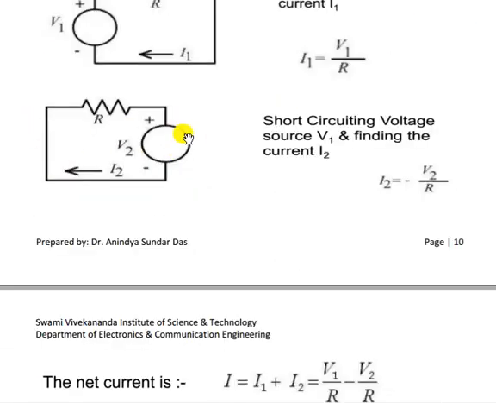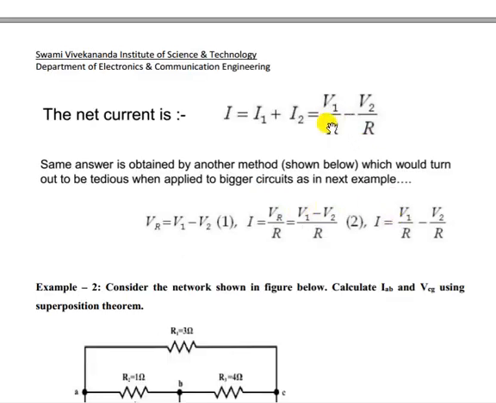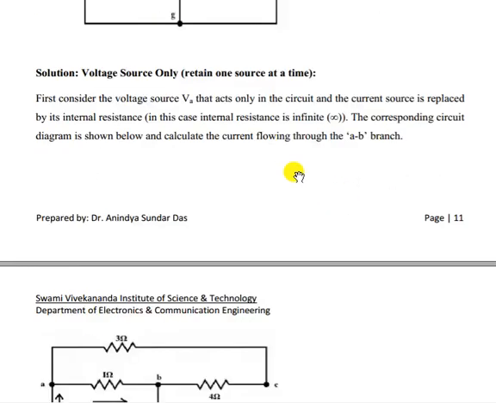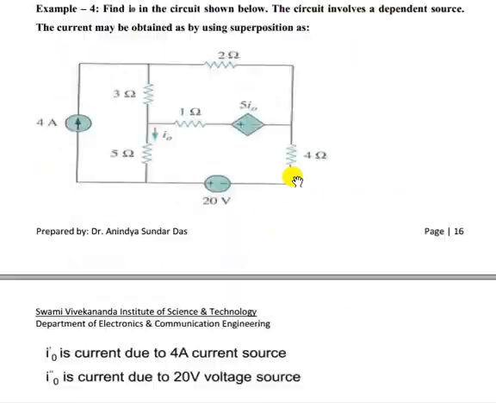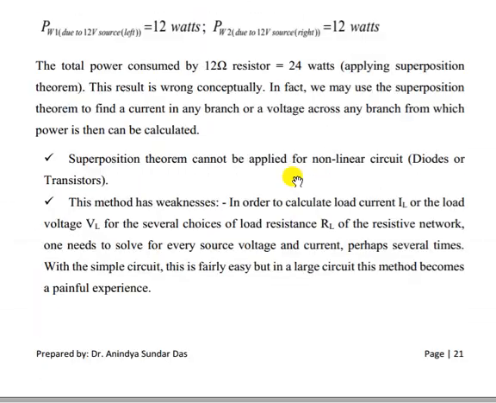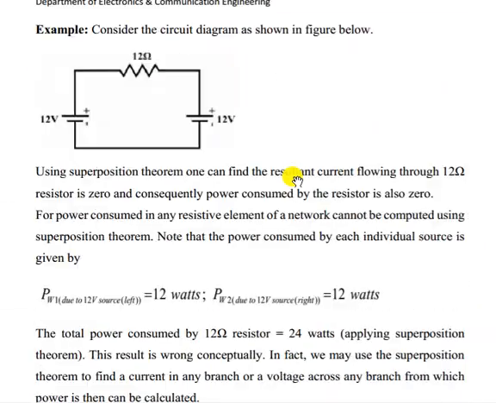V1, V2, R. So current is V1 by R minus V2 by R. So we get V1 by R, that is 1 ampere, minus V2 by R, that is 1 ampere. So current is 0. Using superposition theorem, we find that the resultant current flowing through the 12 ohm is 0.